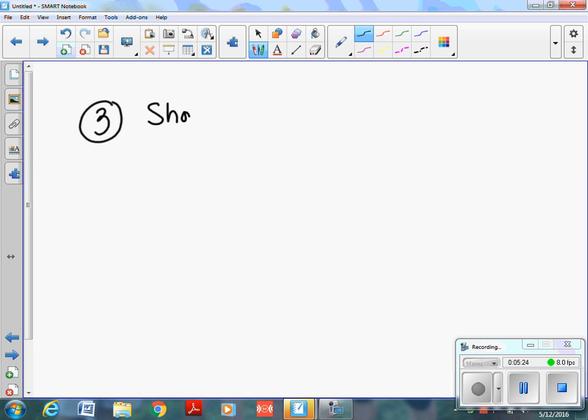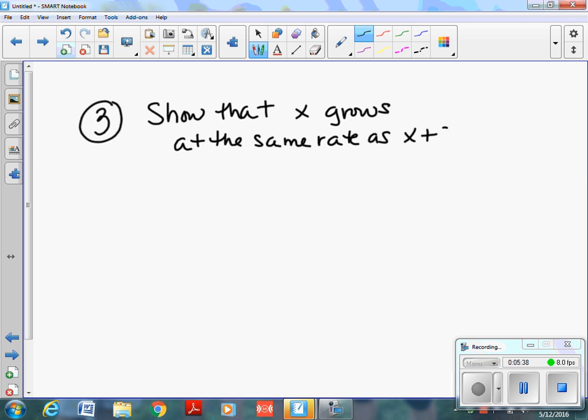Show that x grows at the same rate as x plus sine of x as x approaches infinity. The limit as x approaches infinity, I'm going to put x plus the sine of x all over x.